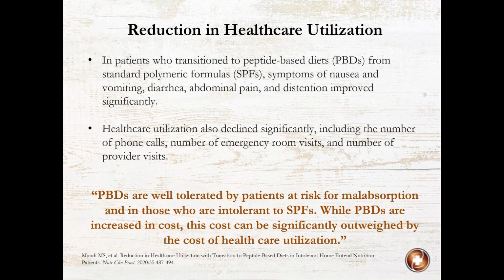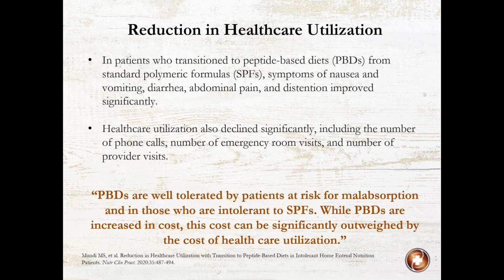And then they looked at the symptoms of intolerance. So overall, there was a 28% decrease in these symptoms, 20% improvement in nausea and vomiting. There was a 21% improvement in diarrhea, 17% improvement in abdominal pain and cramps, and 7% improvement in abdominal distension.